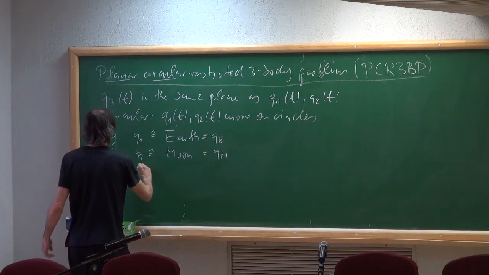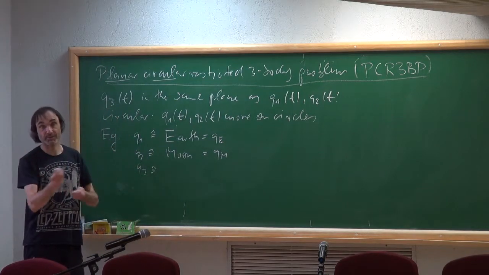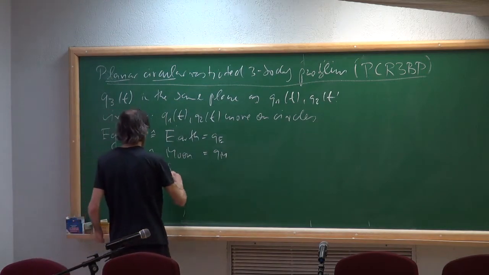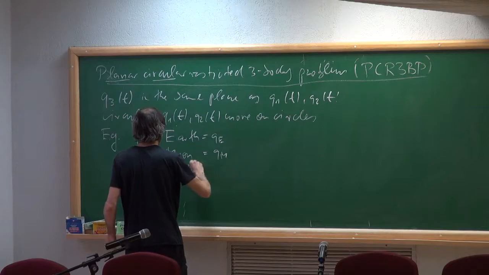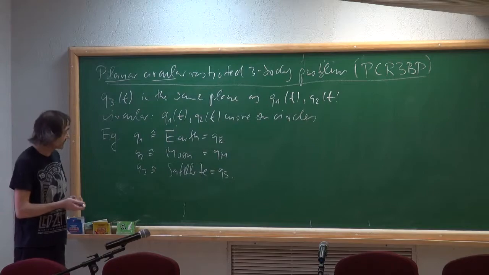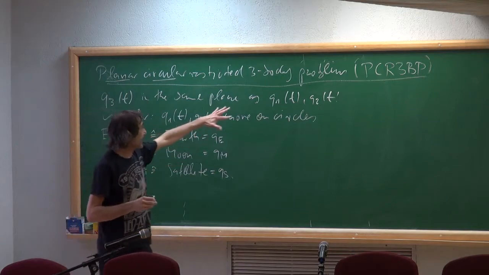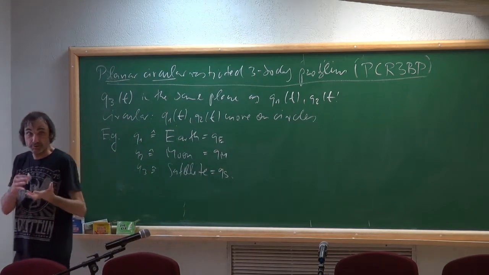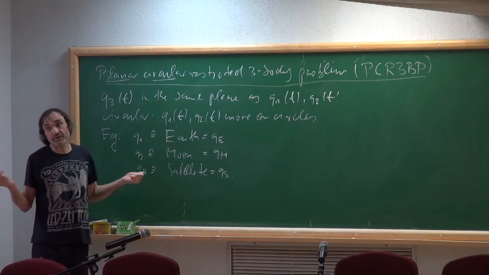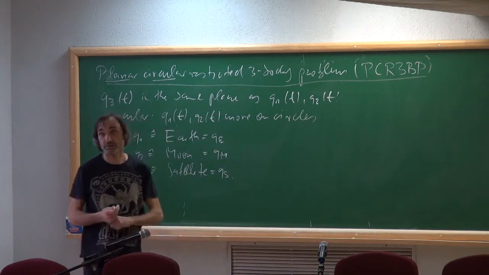And then the third one, Q3, corresponds to some satellite, something that we want to bring from the Earth to the Moon. To have something concrete in mind, and then we can check how reasonable these assumptions are. Well, the motion of the Moon around the Earth is not so far from being circular, so it's not totally unreasonable.